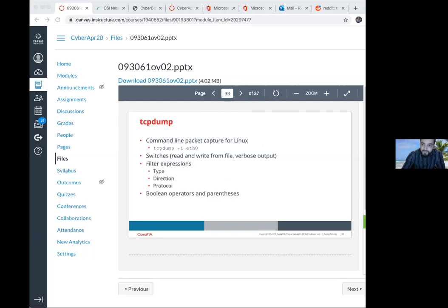You could use -w or -r to write or read the contents of captured packets or files. And then they have filter expressions, so we can filter by what type of packet it is, where it's going, what type of protocol it's using.